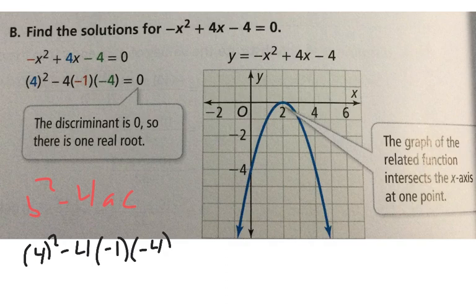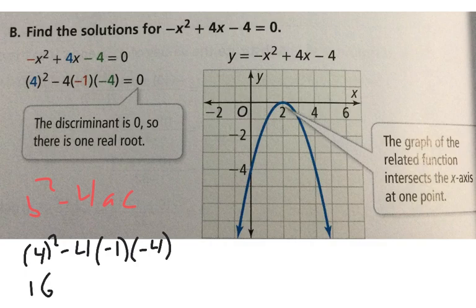I mean, ax squared is negative 1 x squared. Yeah, you have to divide everything by negative 1 if you're completing the square. We're not completing the square though. We're just finding the discriminant. Right, if you had to, yeah.